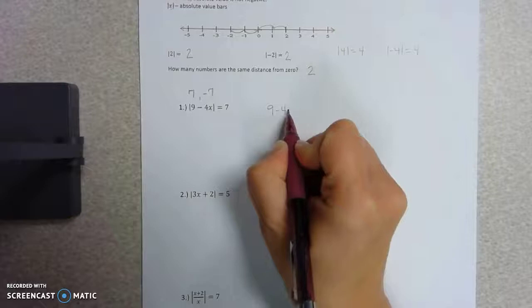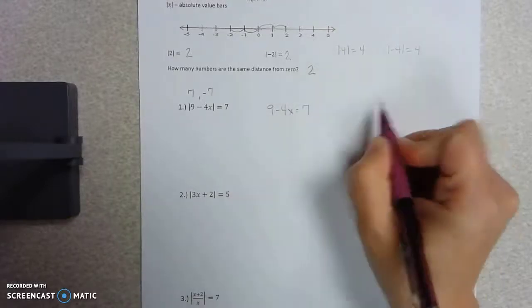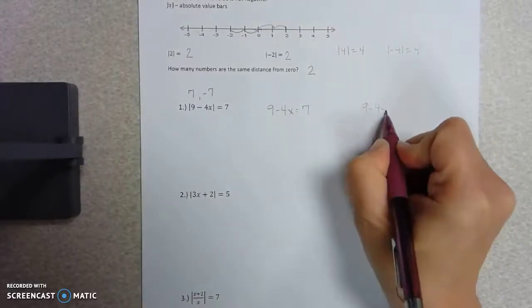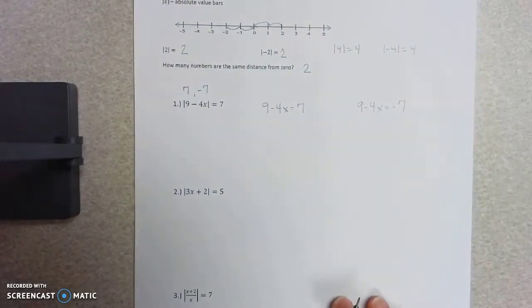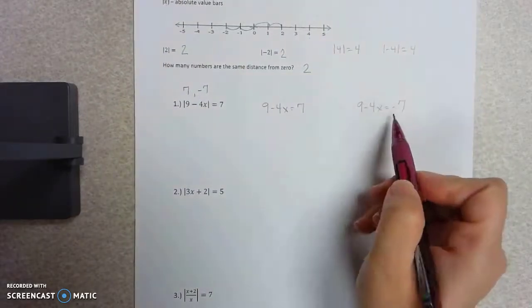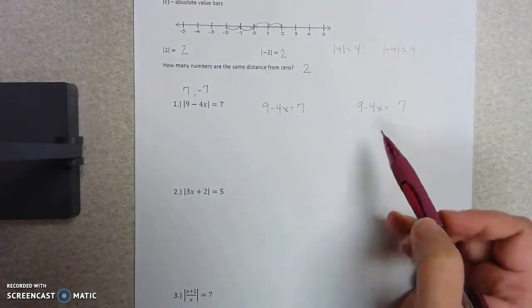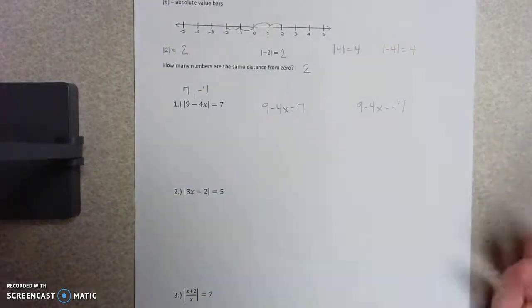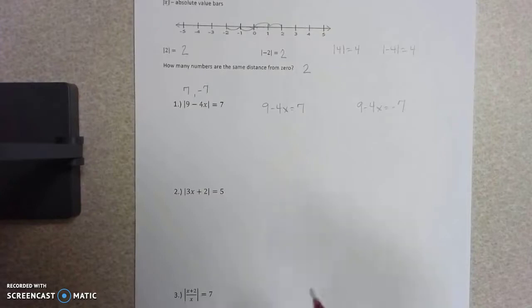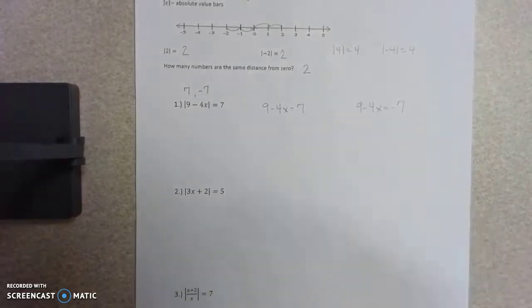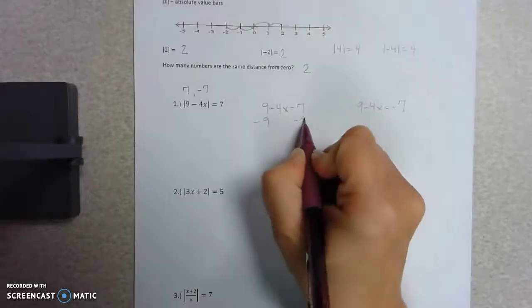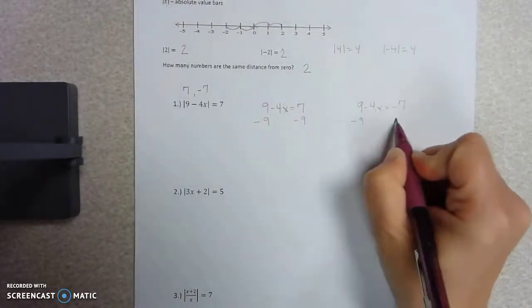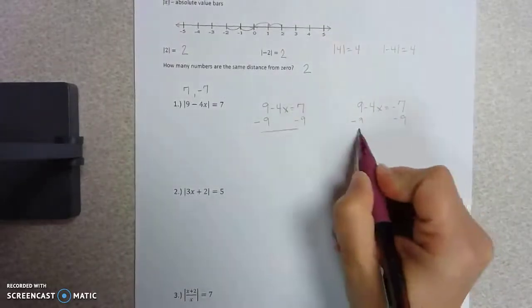So what's going to make 9 minus 4x be a 7? And what is going to make 9 minus 4x be a negative 7? We're going to work it out twice, doing the exact same thing to solve both equations. I like to work them simultaneously, but you can work them one at a time. I'm going to subtract 9 from both equations.